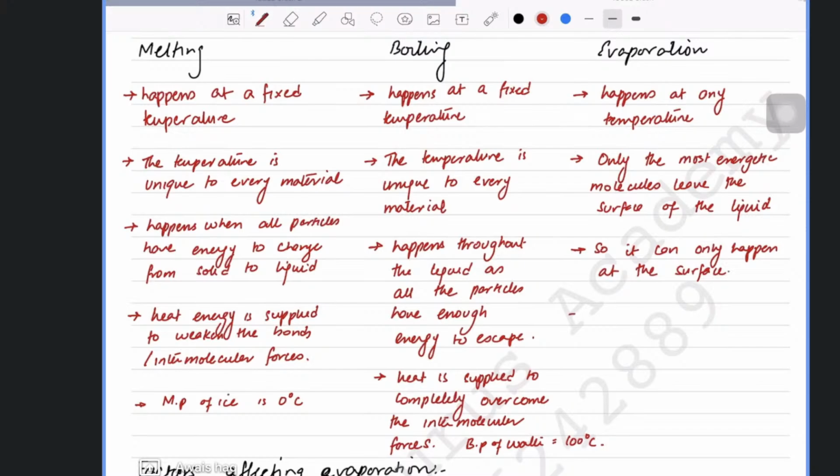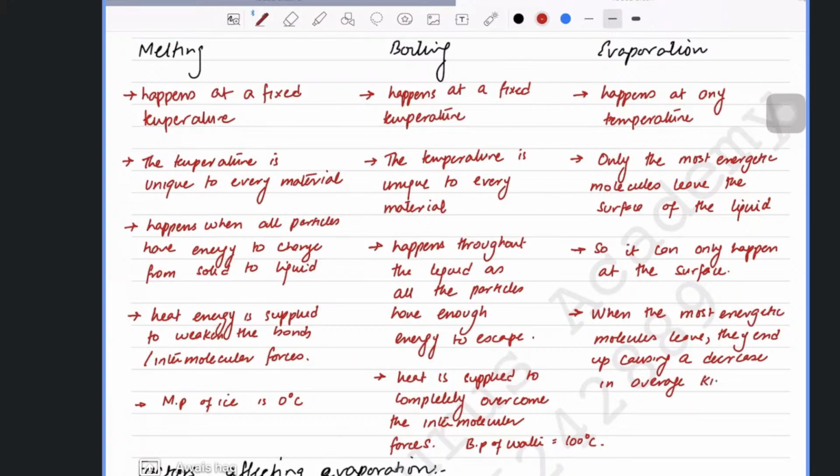Okay, so when the most energetic molecules leave, they end up causing a decrease in average kinetic energy of the liquid.